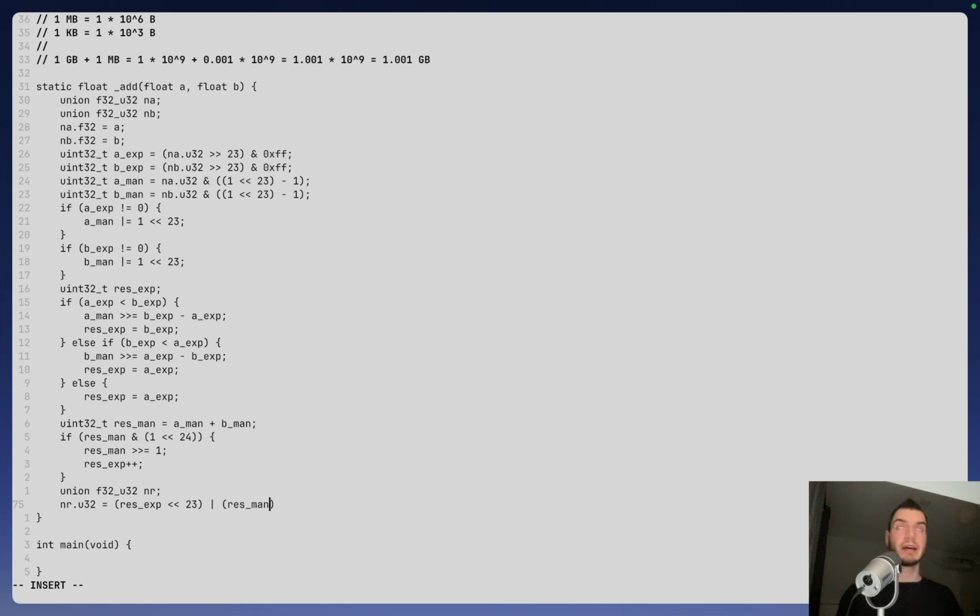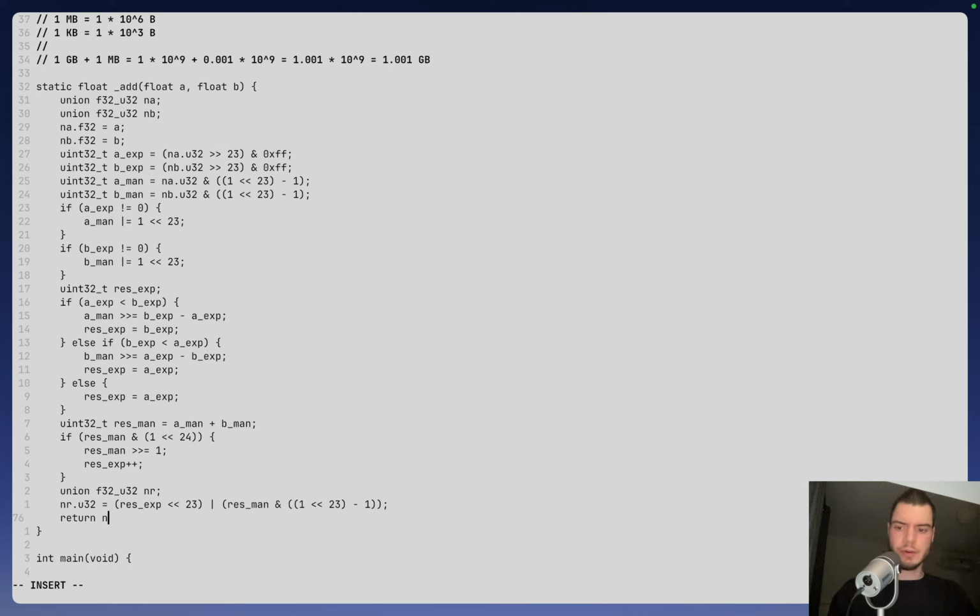But we actually need to be careful that the last, or the 24th bit of our mantissa is not copied. So we need to AND this with 1 shift to the left, 23. Again, this is just our mask. Okay.